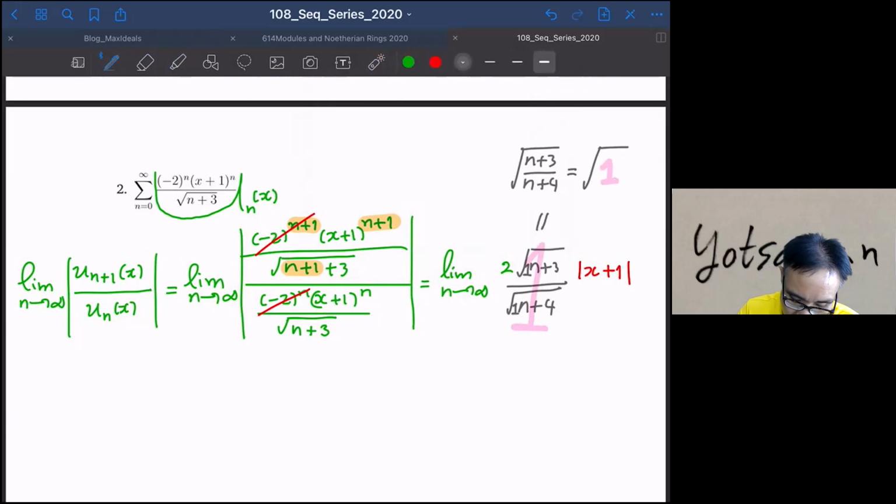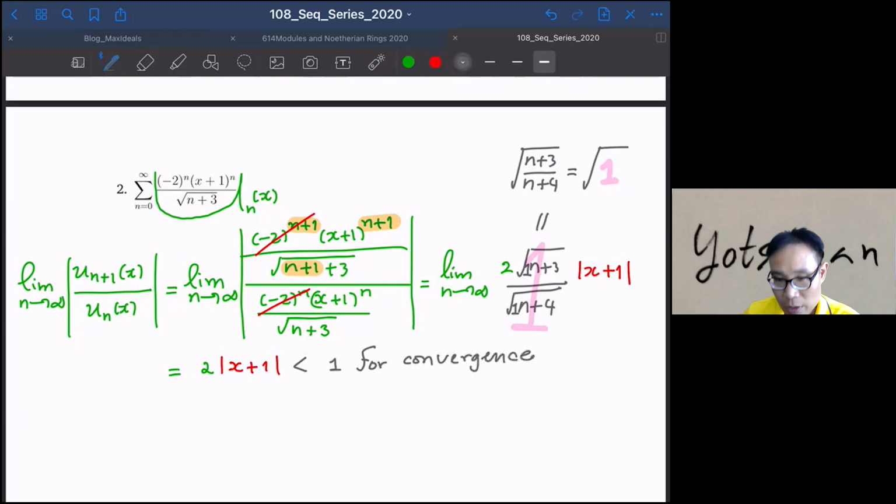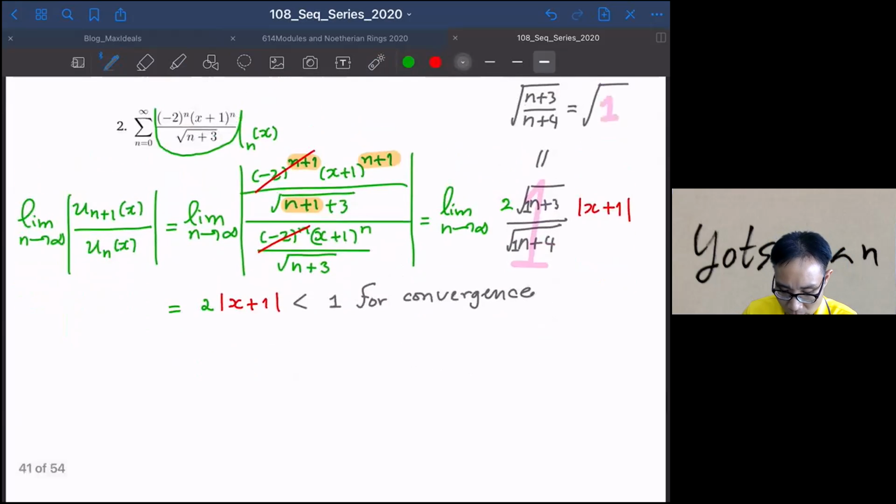Then you have this limit equal to 2 times the absolute value of x plus 1, and this must be less than or equal to 1 for convergence.